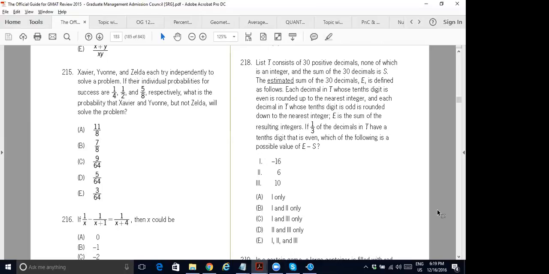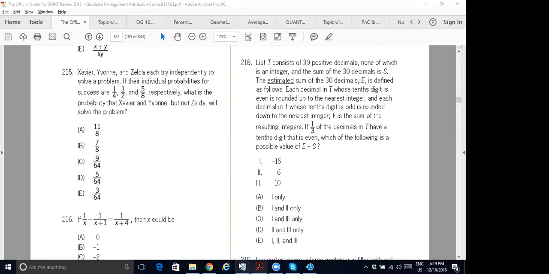Okay, so suppose you take 0.02. Is the tenth digit even? I'm just taking an example. So 0.02. That's a decimal in T whose tenth digit is even.